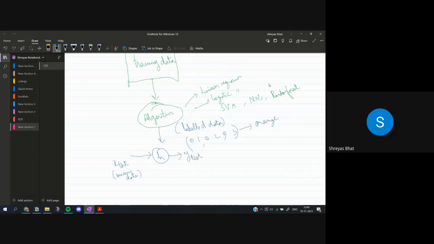So this is the Y prediction. And this hypothesis has different parameters on itself.